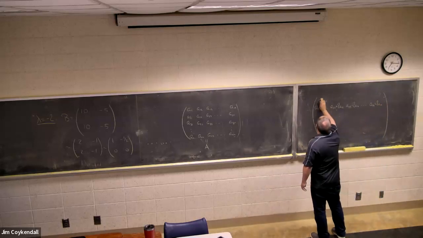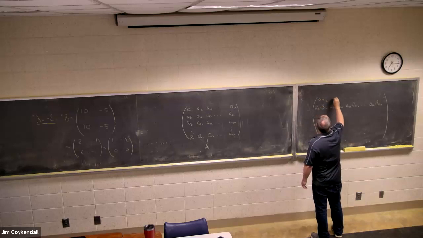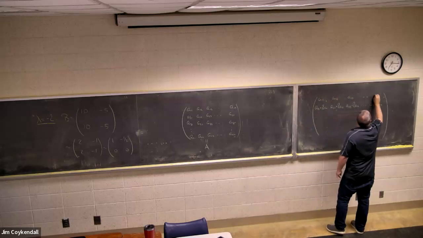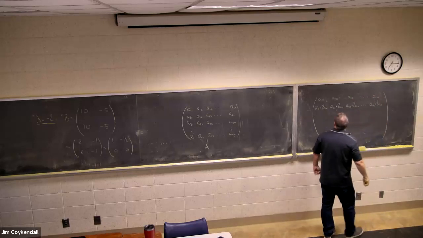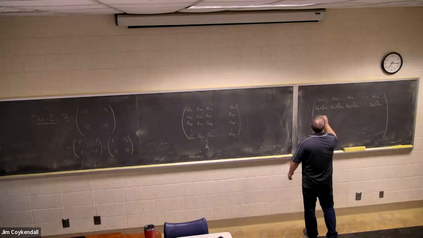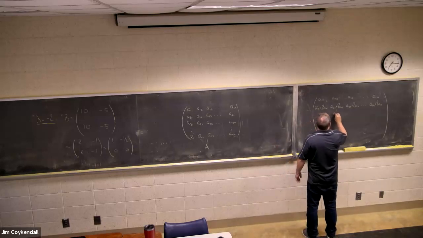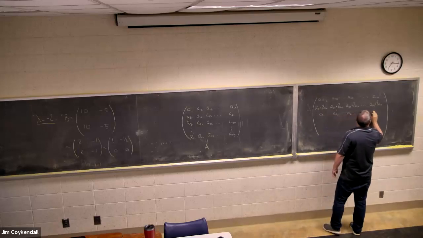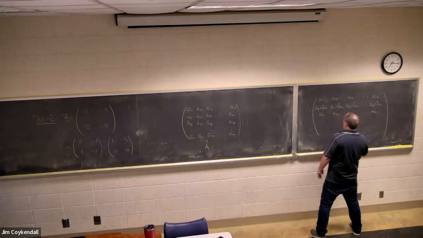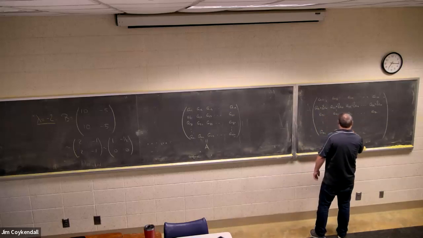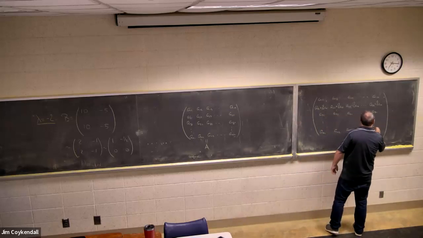And then the first row is left alone, A11, A12, A13. And everything else is the same as it was in A. So this is just plain old A31, A32, A33, A3N, all the way down to AN1, AN2, AN3, ANN.